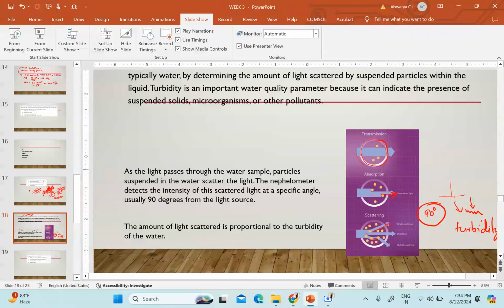Let me see what the conversion is. You are asking how to convert milligram per liter. That I have to check, that I will check.